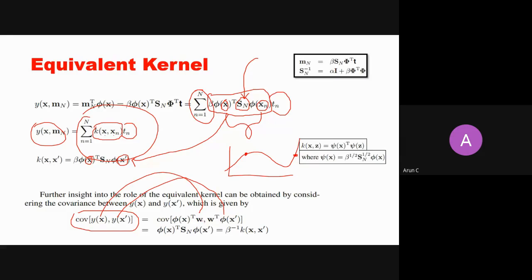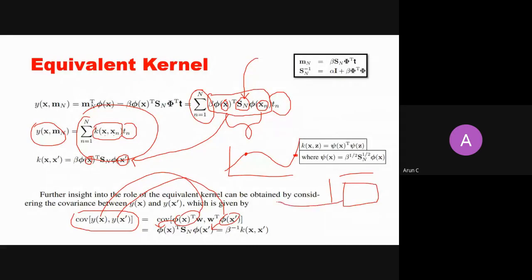Then you take a multiplication because they are scalars, then phi transpose will come as it is, this phi will come as it is, and w transpose is the outer product of a vector, right? So w transpose is an outer product, which will be a matrix, right?